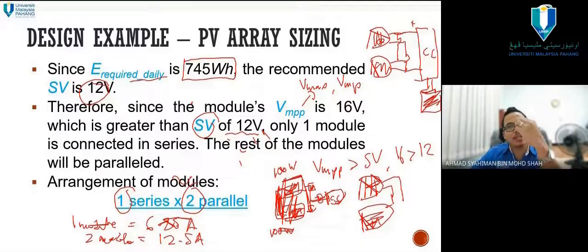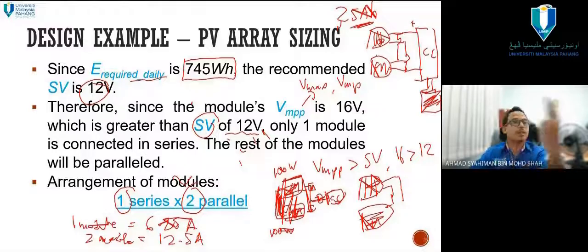So bila charging current will be increase, let's say you have the battery of capacity 25 amp hours. Okay, 25 AH. So it will take for you 2 hours only for the battery to be fully charged, if it's in the peak condition lah.